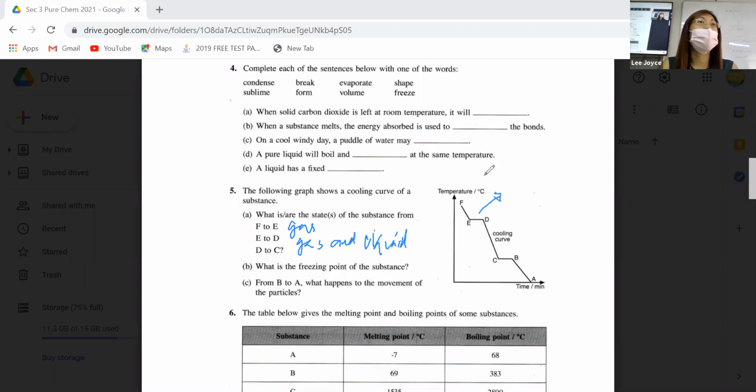Now, in any change of state, the temperature does not decrease, in fact it remains constant, because during the change of state, the energy is used to form back the intermolecular forces between the particles so that the gaseous particles can come closer together and get into the liquid state.